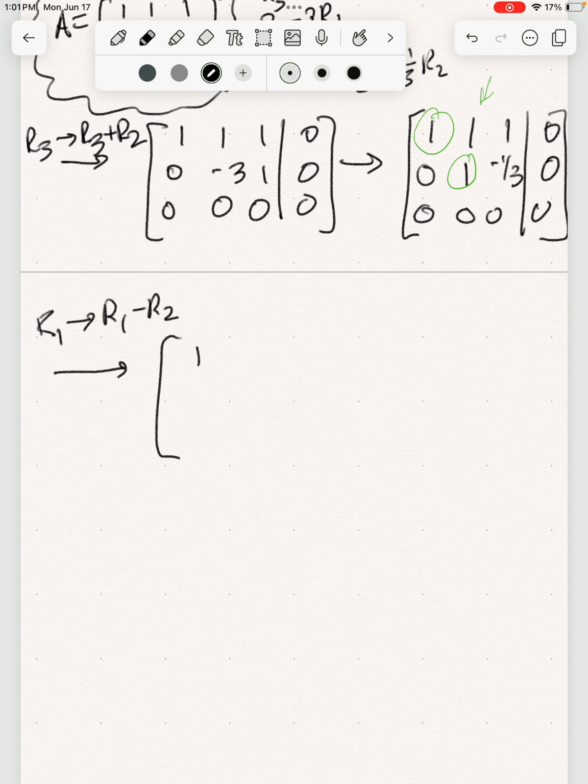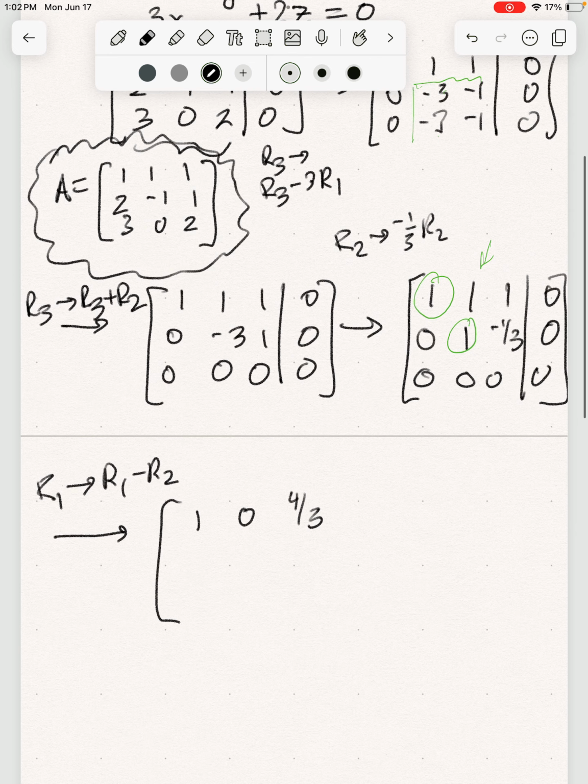So I'm going to get 1, 0, and 1 minus... did I do that right? Oh, sorry, there's a -1 here.